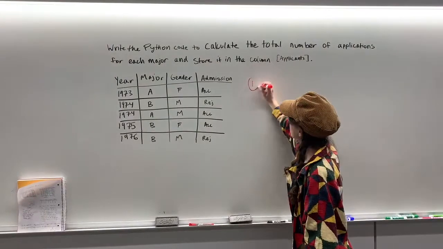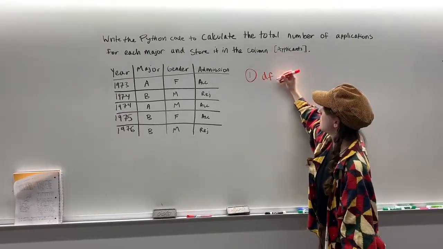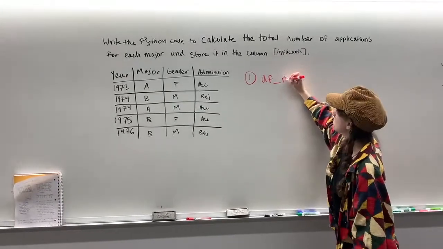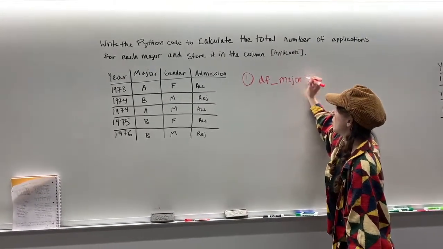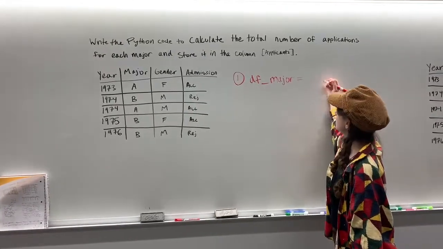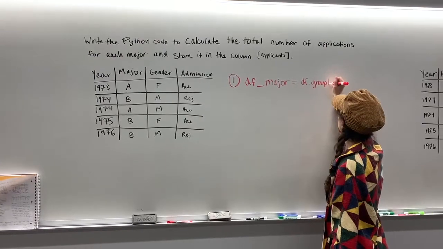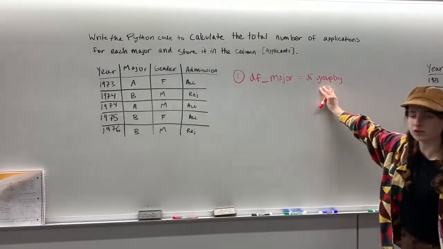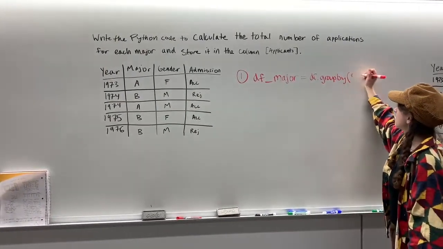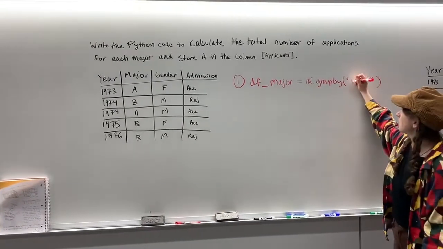So you want to make your data frame called df major, for example. You can call it whatever you want, but I think this is the most self-explanatory. Equals df.groupBy, pulling out your group by function, and here you want to group by major, like I said.